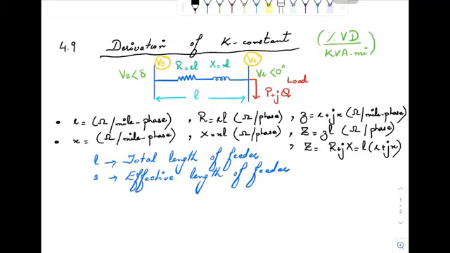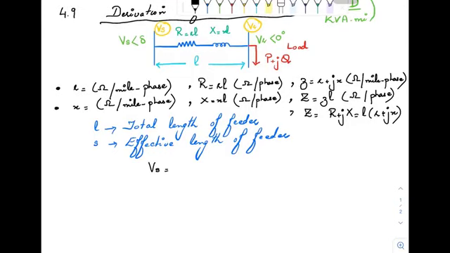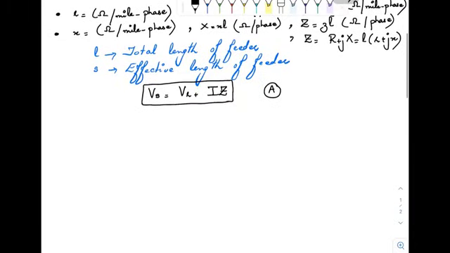So that will be equal to Vs equals VR plus I Z. This voltage is equal to the voltage drop across the feeder plus the receiving end voltage, given by this equation, equation number A. Now we can express equation A in terms of phasors.